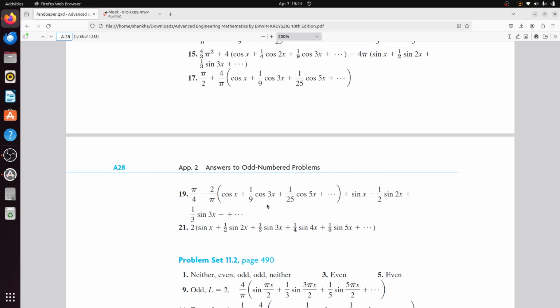This is 1 minus, oh sorry, here once again I made some mistake.